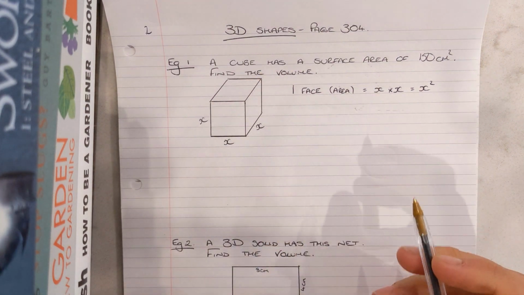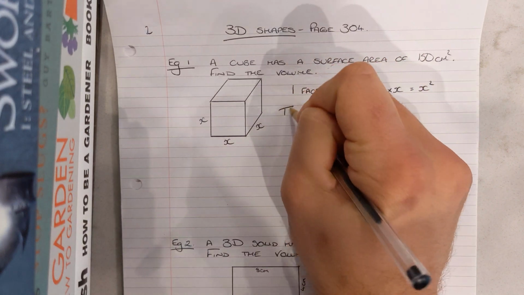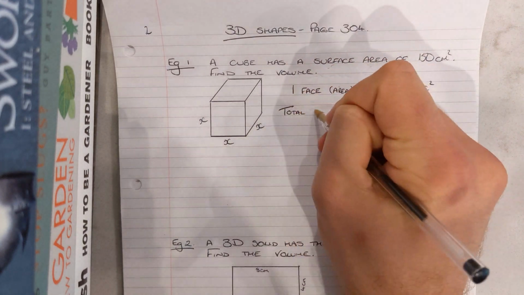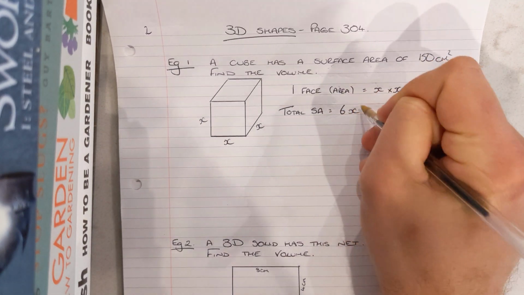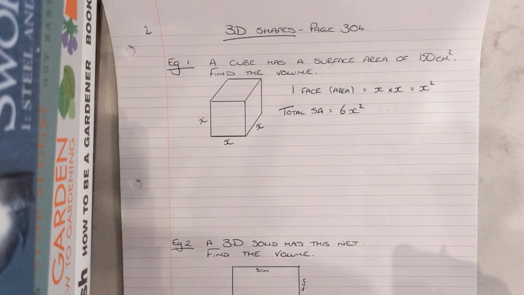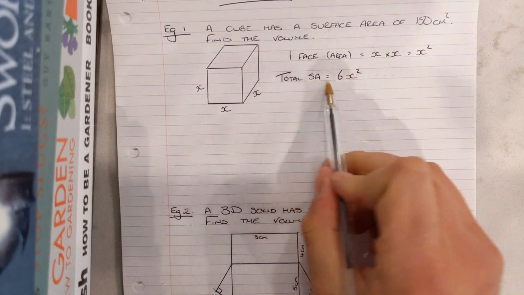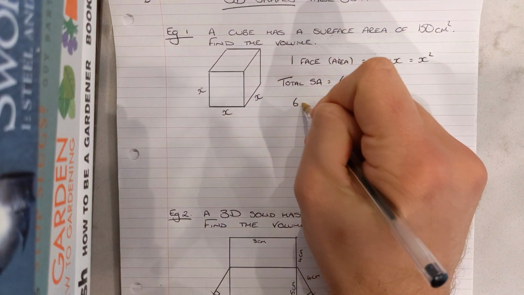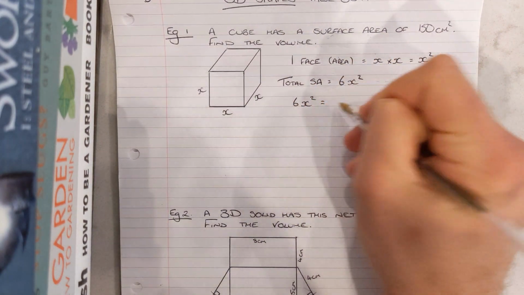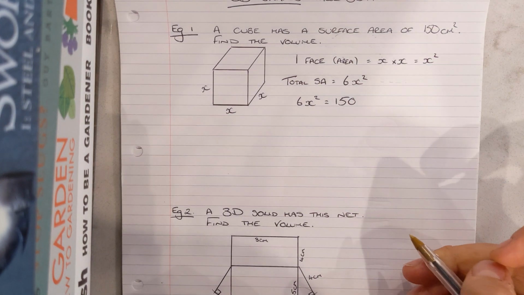On a cube, I've got 6 faces, so the total surface area is 6x squared. If I'm told that the surface area of my cube is 150 centimeters squared, I can then assume that 6x squared is equal to 150 centimeters squared.